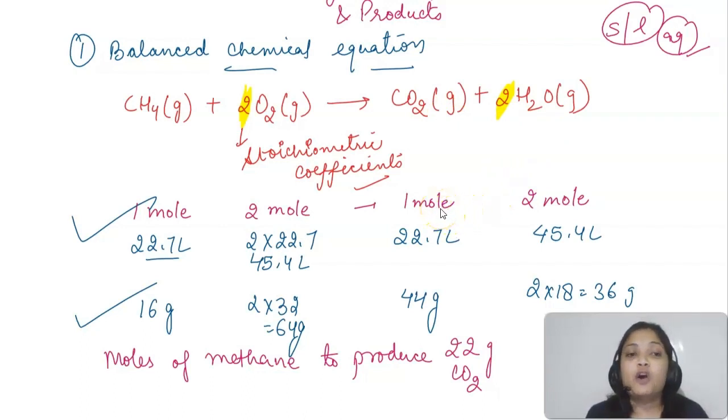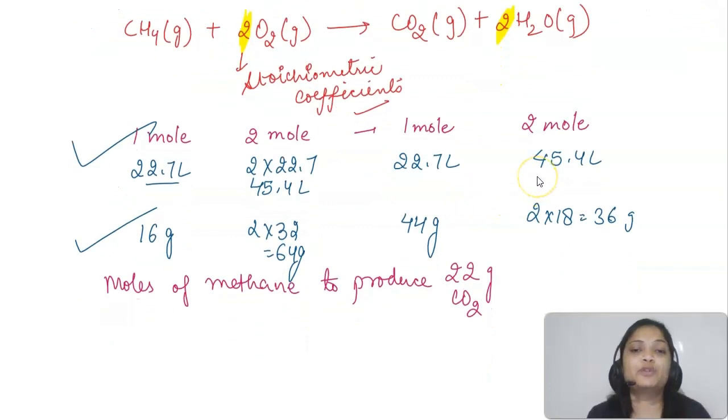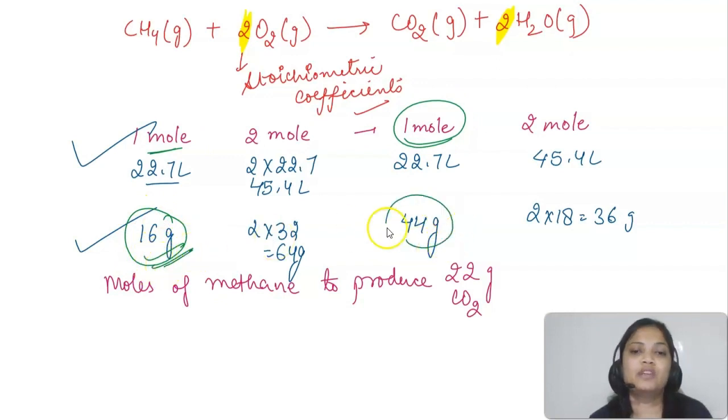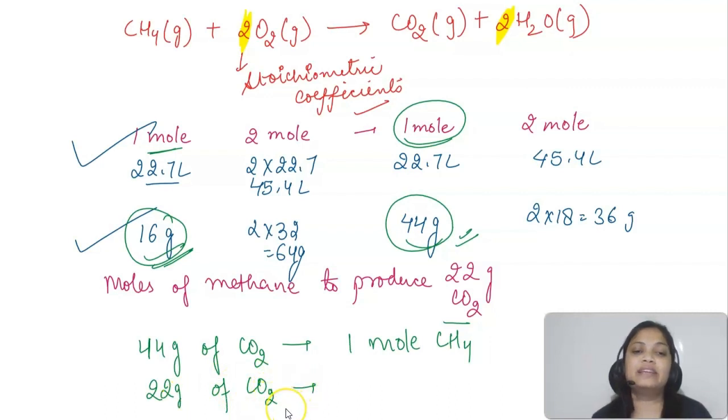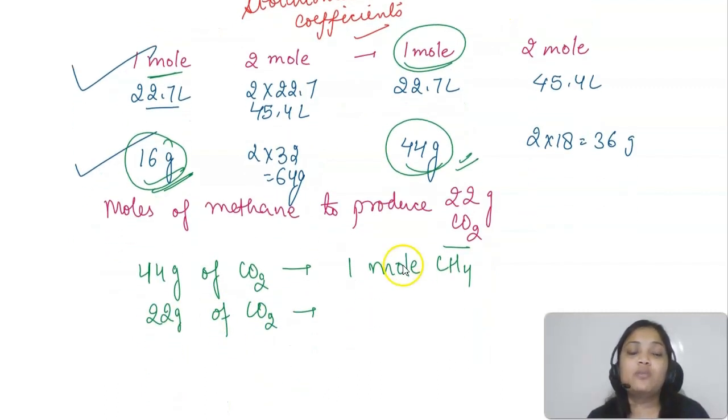So I need to find out how many moles of methane are required to produce 22 grams of CO2. Now from the stoichiometric coefficients, you can see 1 mole of methane gives 1 mole of CO2. So 1 mole of methane is 16 grams, which is giving you 44 grams of CO2. So it means that 44 grams of CO2 is produced by combustion of 1 mole of methane. Simple. Now in the question, how much have they asked? 22 grams. It means if I need 22 grams of CO2, I need to do the combustion of how much methane?